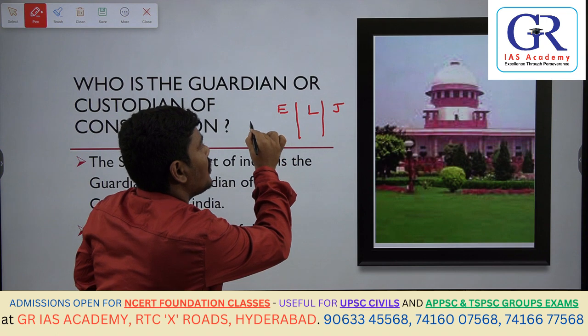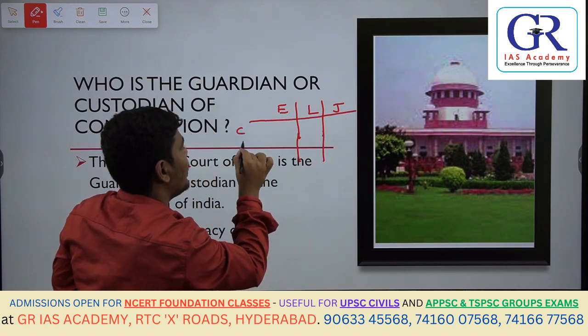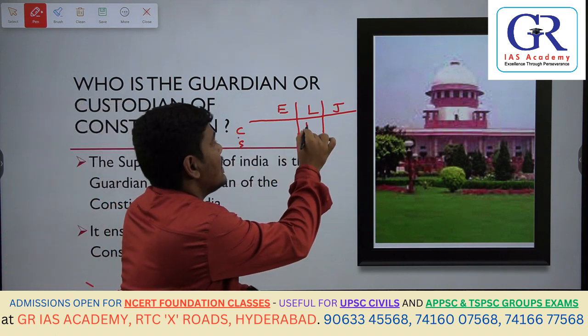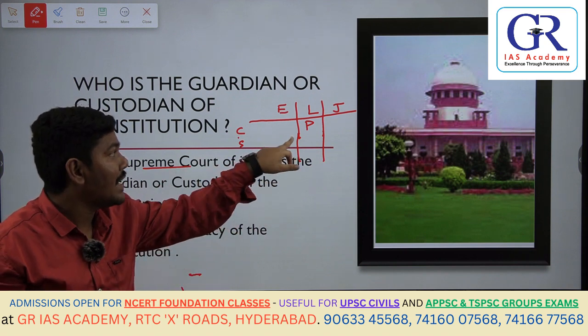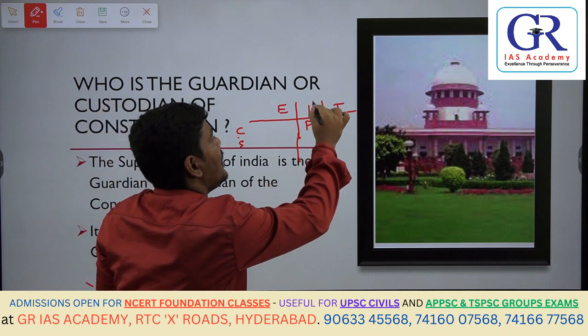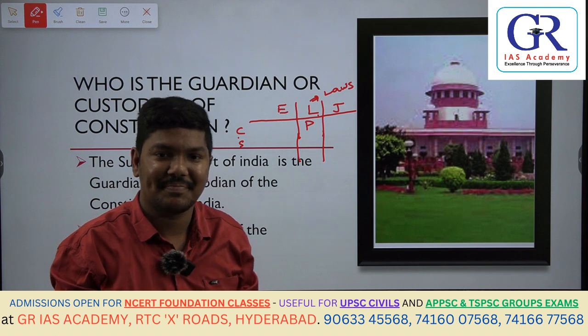So when you talk about executive, legislature and judiciary, I will categorize it into central level and state level. At the central level, we call the legislature Parliament. So the Parliament of India is considered the central legislature, and the main objective of this legislature is to make the laws.